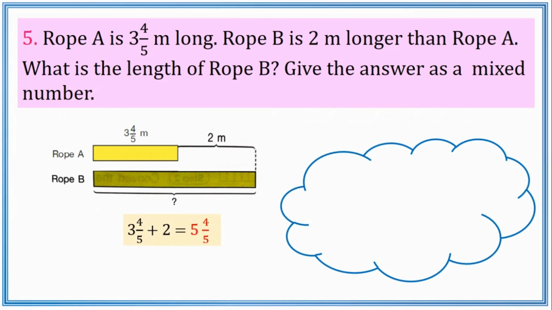So the answer is 5 and 4 out of 5. So the length of rope B is 5 and 4 out of 5 meters.